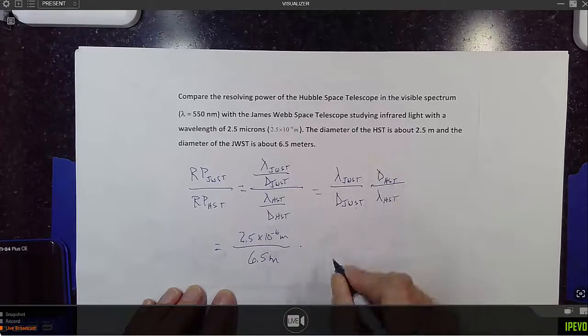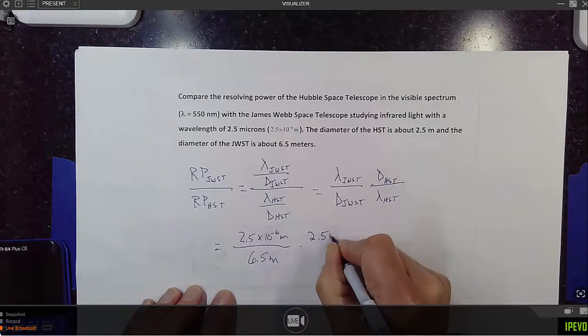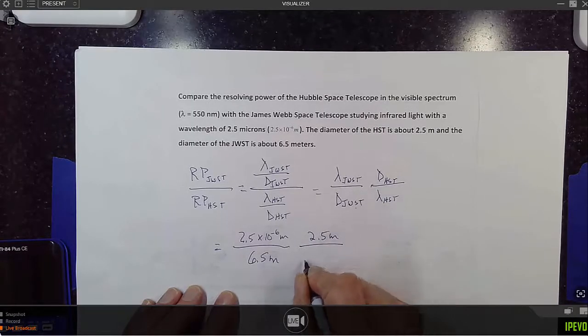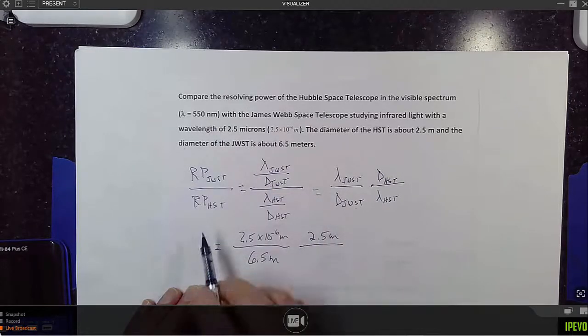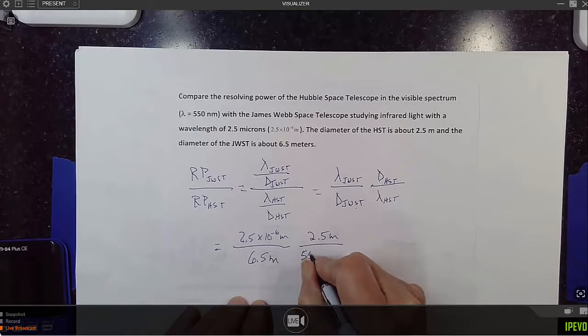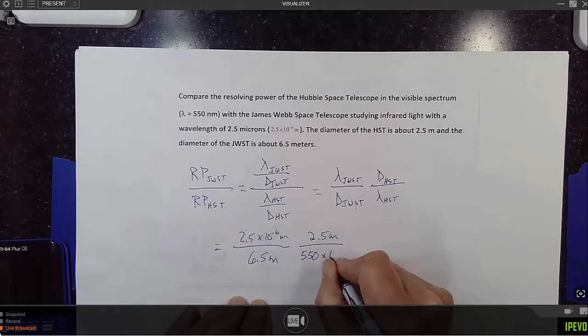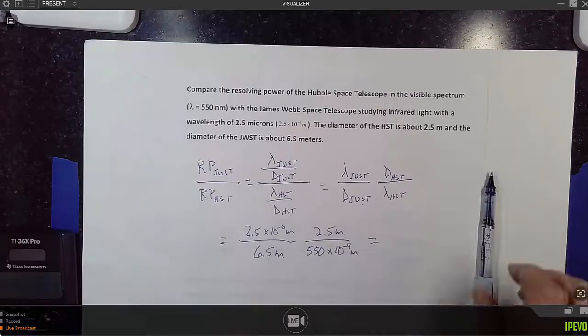And then the diameter of the Hubble Space Telescope is 2.5 meters. And the wavelength that it uses is 550 nanometers, which I have to write as meters, so I'll just do 550 times 10 to the minus 9th meters.